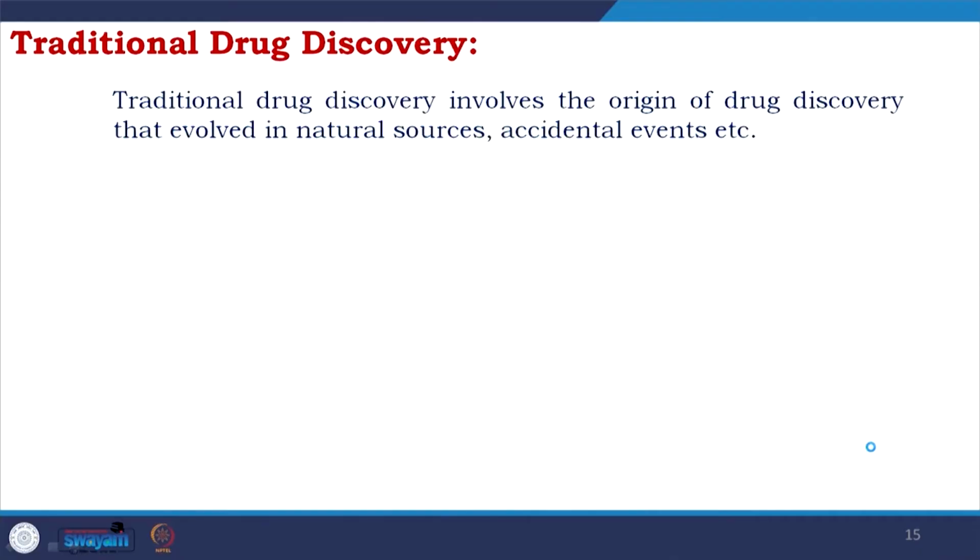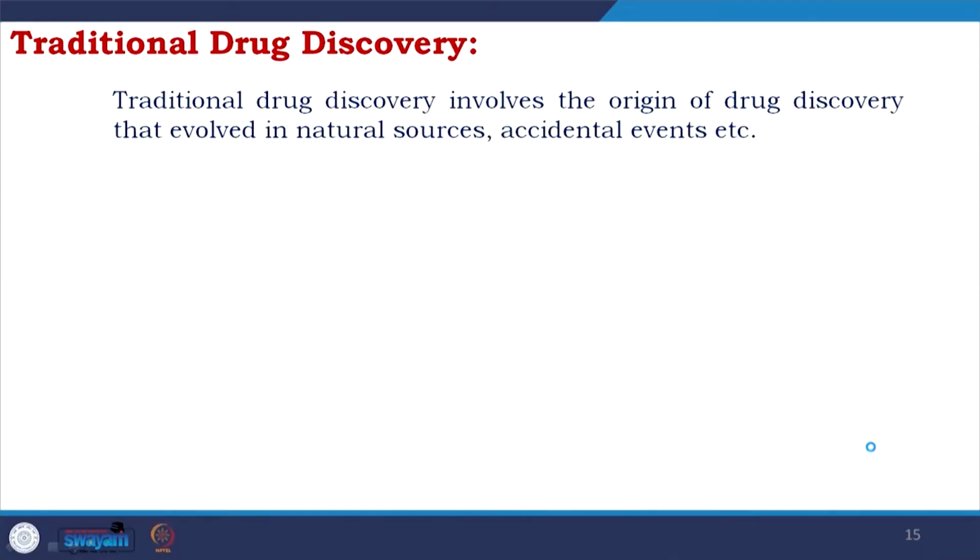It is not that traditional drug discovery did not have any logic. We know about Chinese traditional medicine practice, we know about Ayurveda, we know about alchemy in Arabian society. They had their logics, but it was not well documented, it was not proper scientific procedure, at least in our eyes.